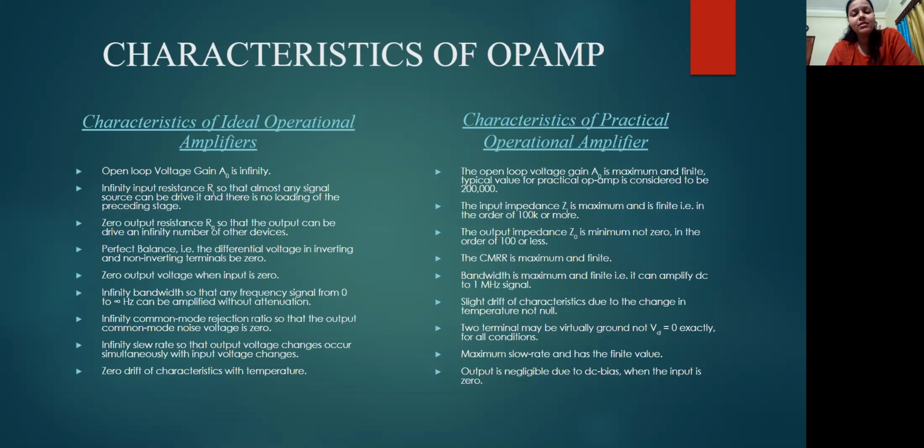These change in a practical op-amp, and the values which are infinite in case of ideal op-amp will be very much higher for practical op-amp. Similarly, zero output resistance and zero output voltage when input is zero, those properties will be minimum in case of practical op-amp.